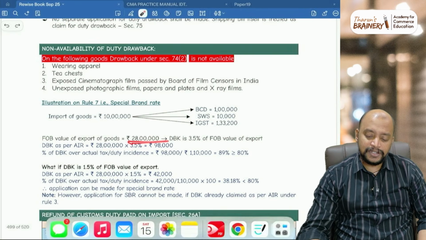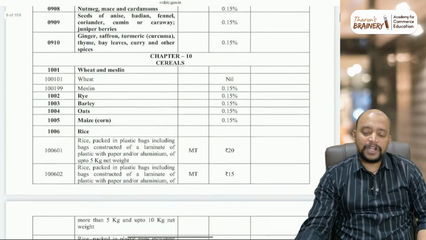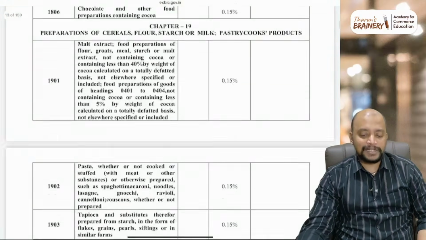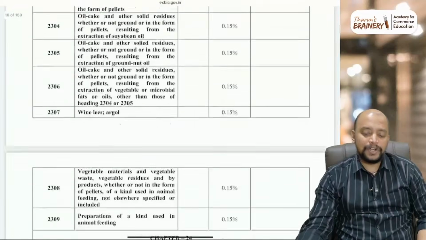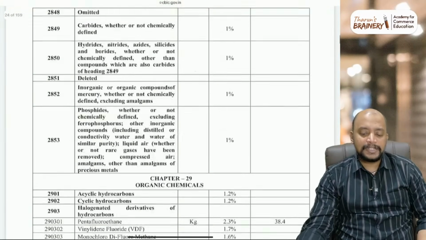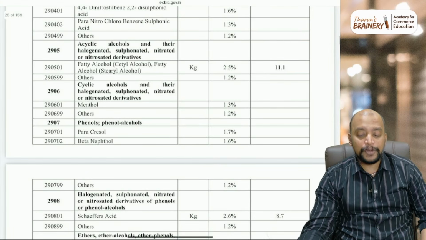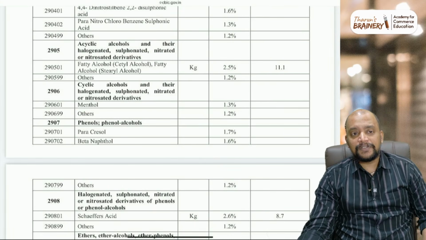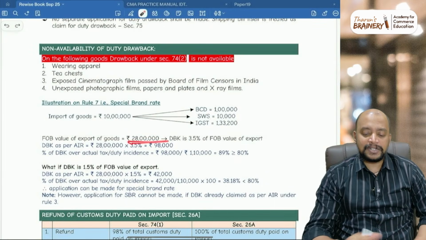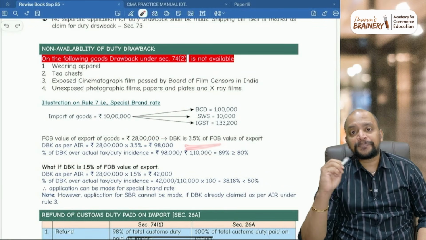Just now I told you, they will notify the rates like this. So 0.15%, 0.1%, like that they will notify depending upon the product. Sometimes it will be nil also, sometimes 1, sometimes 2.5. Depending upon that, 3.5% is the notified rate.